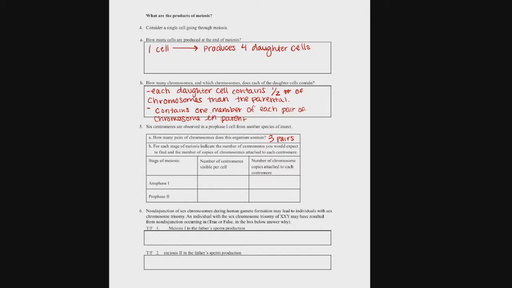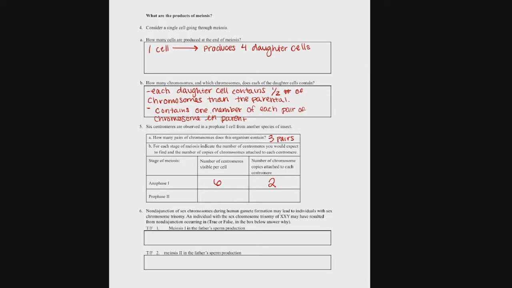In Anaphase 1, the number of centromeres visible, remember we're still in the first division, we have 3 pairs of chromosomes, 6 centromeres, they're attached at the metaphase plate. Anaphase is now pulling them apart. We're going to have 6 still, as we did in mitosis, and the number of chromosome copies attached to each centromere is going to be 2.